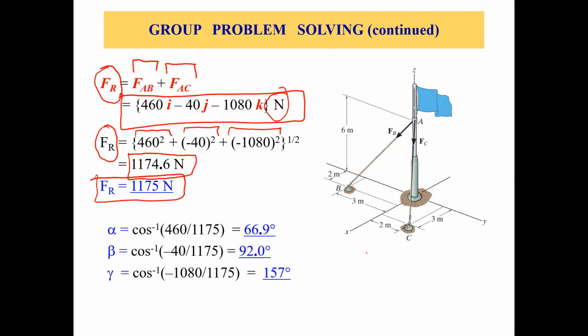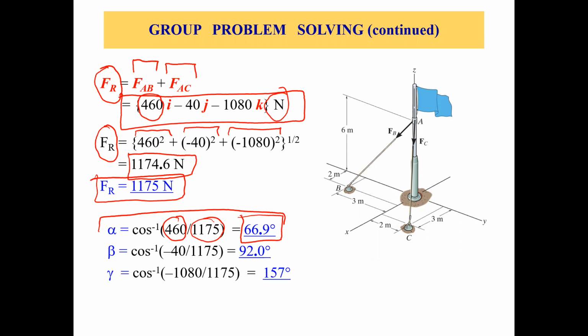So alpha equals cosine inverse 460 divided by 1175. What is 460? That is the x coordinate of the resultant force. So we have 460 divided by 1175, which is Fr, right? So we get 66.9 degrees, which is your alpha, or the angle which Fr makes with the x-axis.